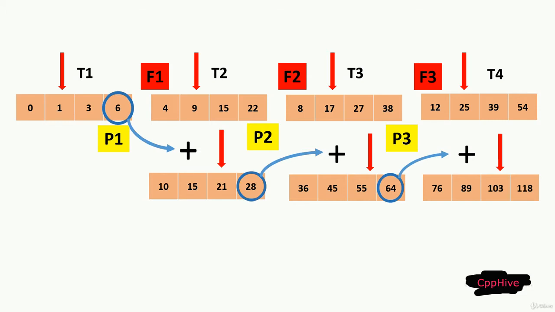Thread 3 is waiting until F2, and thread 2 will set the value of its last element after updating it using the value of the F1 future. So when thread 2 sets the promise value to the calculated value of the last element of the second block, thread 3 can retrieve the value from the F2 future and add that value to all the elements in the third block, and so on.